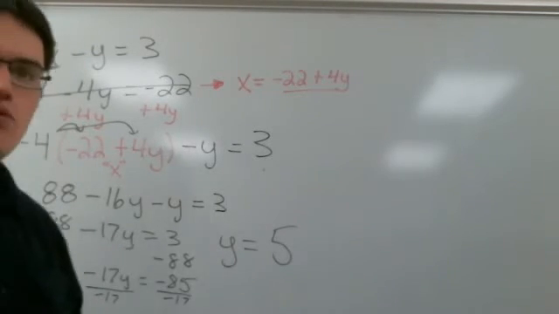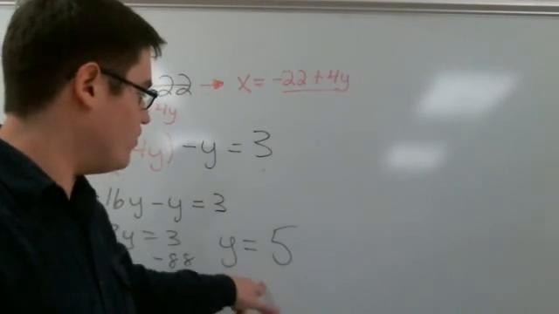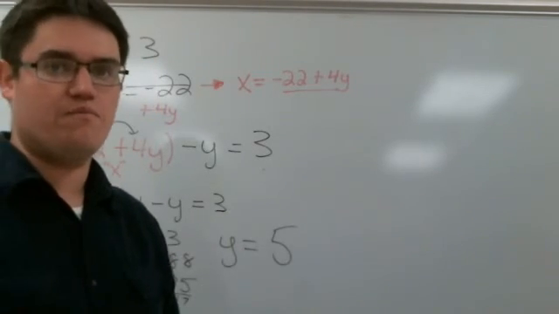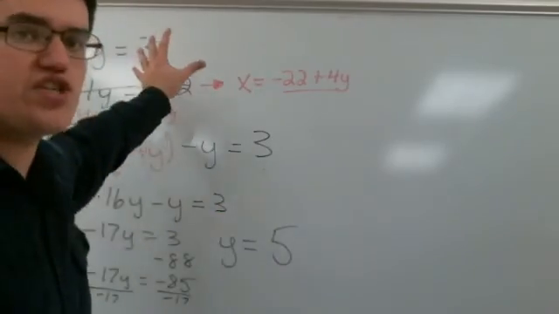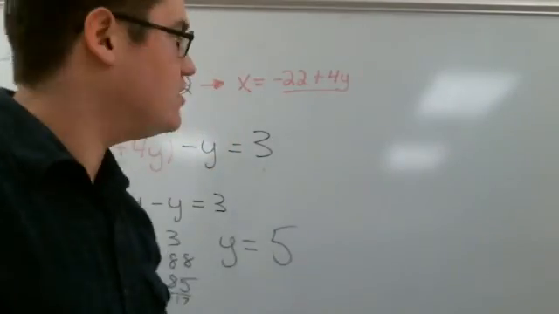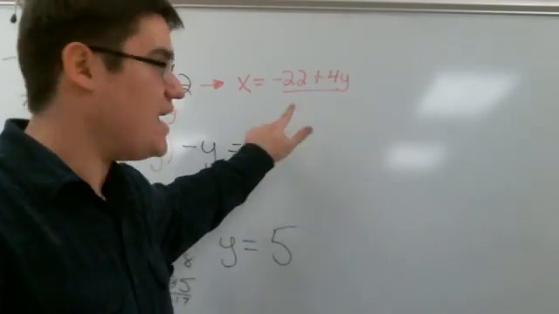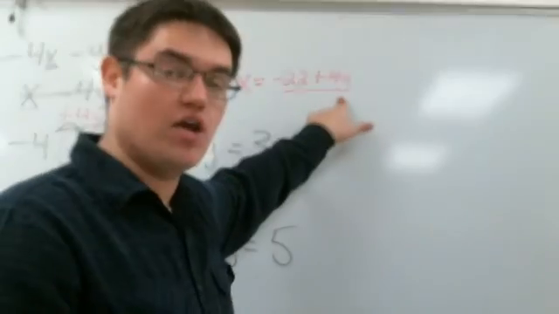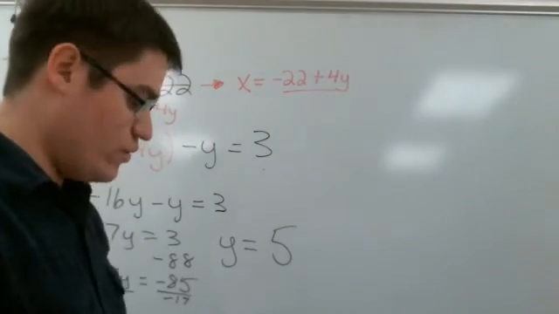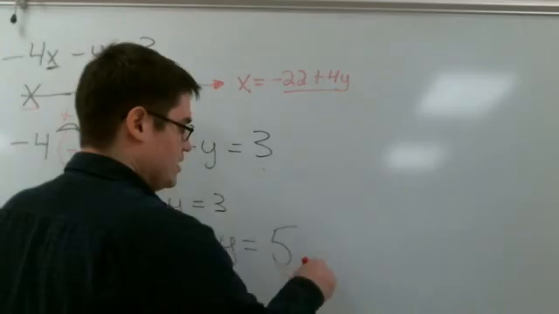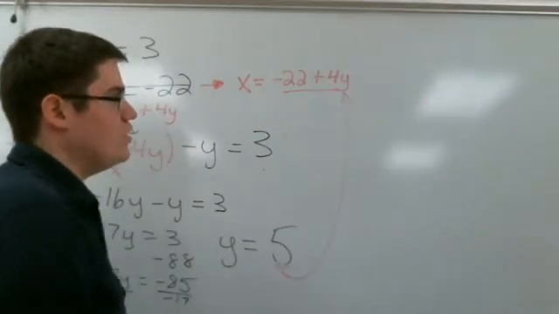Now to get our x value, we could take that y value and substitute it wherever we see a y with 5. And again, remember, you could use any of the equations that we got. But this one here tells us x equals all that. It tells us what x is if we know what y is. So I'll substitute 5 in for y.